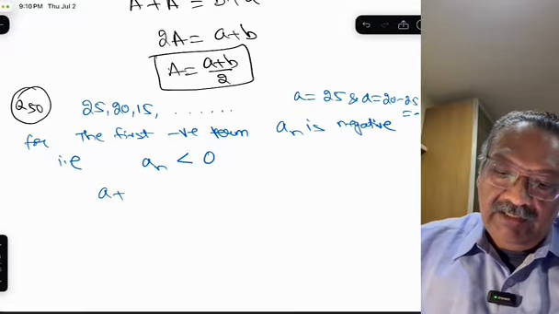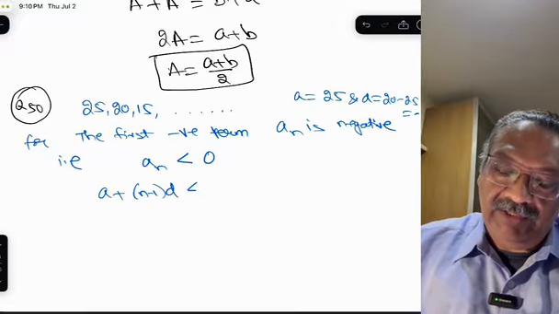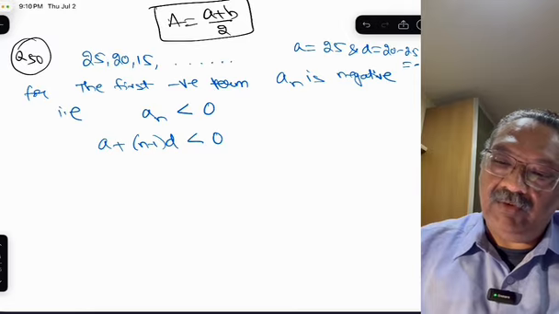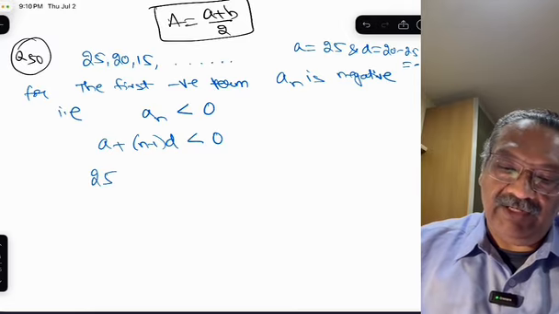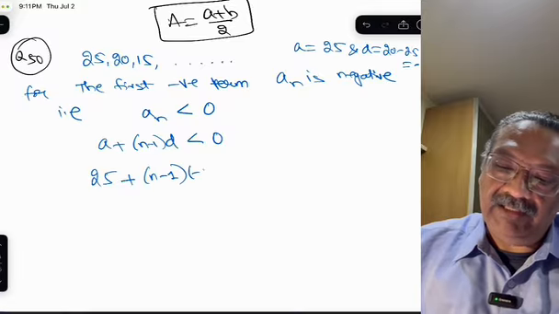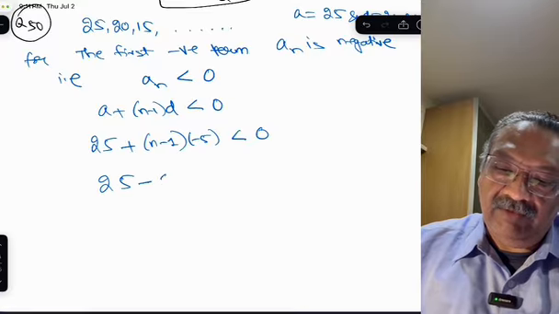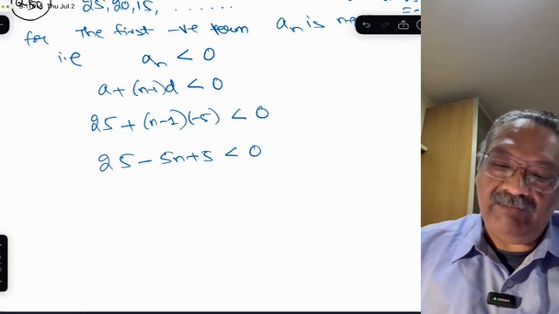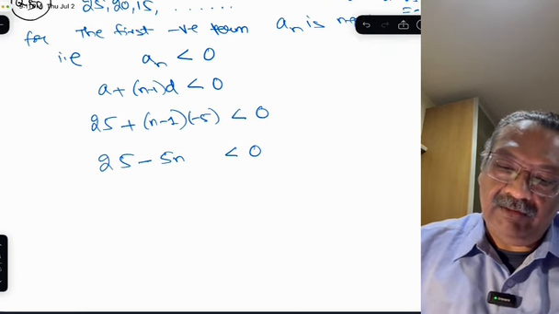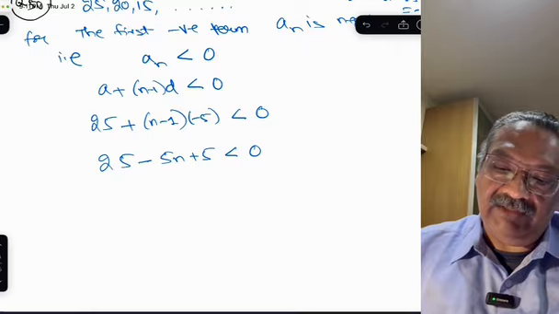So what is an? a plus n minus 1 into d is less than 0. What is a? a is the first term, which is 25, plus we do not know n, minus 1 into d is minus 5, is less than 0. So 25 minus 5n plus 5 is less than 0. 25 plus 5 is 30.